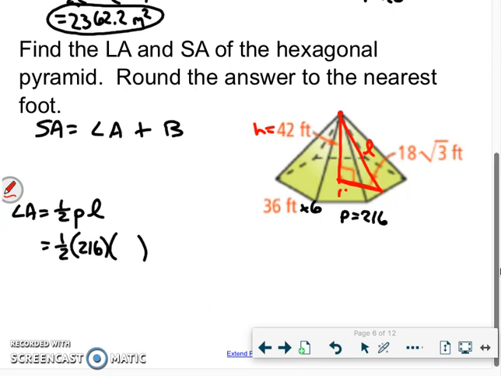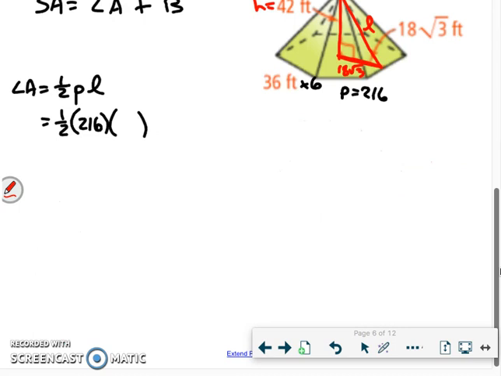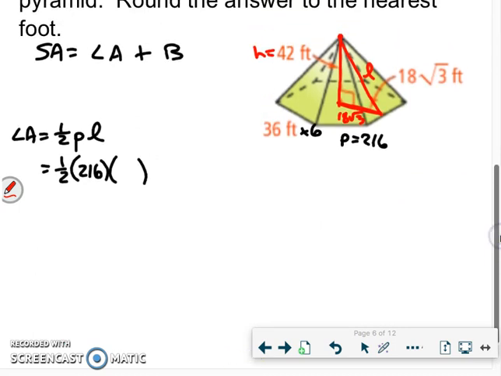They gave me this length, 18 square root of 3, because that's my apothem for later. So I can go right into the Pythagorean Theorem then. Let me write it right down here. So what I can do to find L is I know that 42 squared plus 18 square root of 3 squared, let me put that in parentheses, equals L squared.